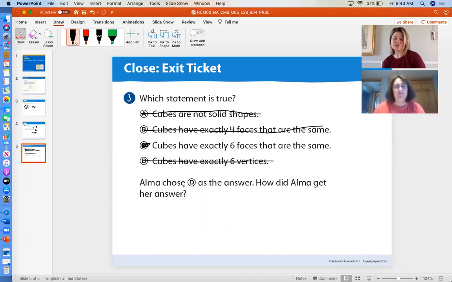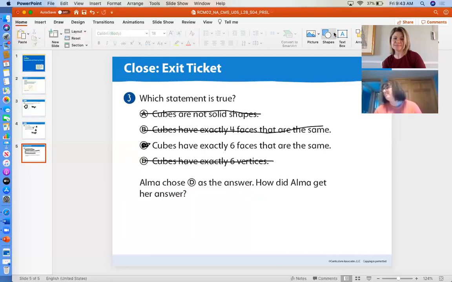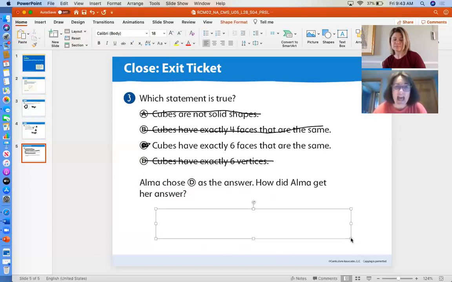Alma chose D. She said that cubes have exactly 6 vertices. How did Alma get her answer? Well, what do you think she did? Well, I think she probably just counted the faces instead. Yeah, and in my mind, it would be easy to think, oh, well, 2D shapes, they're all the same. If there's 6 faces, then there's 6 vertices and 6 edges.